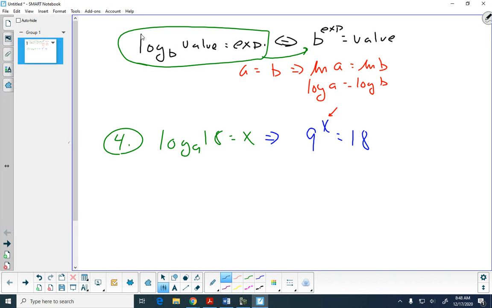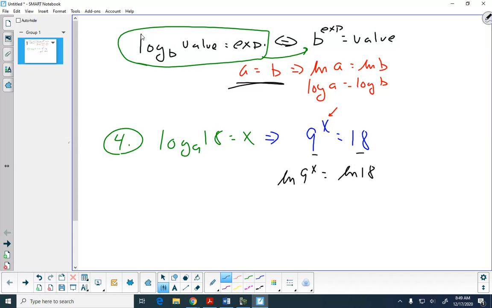So using the next property, if a is equal to b, well, I have 9 to the x is equal to 18, then their logarithms will be equal. So we can take the ln or log base 10, it does not matter, of both sides. So we have ln of 9 to the x is equal to ln of 18.